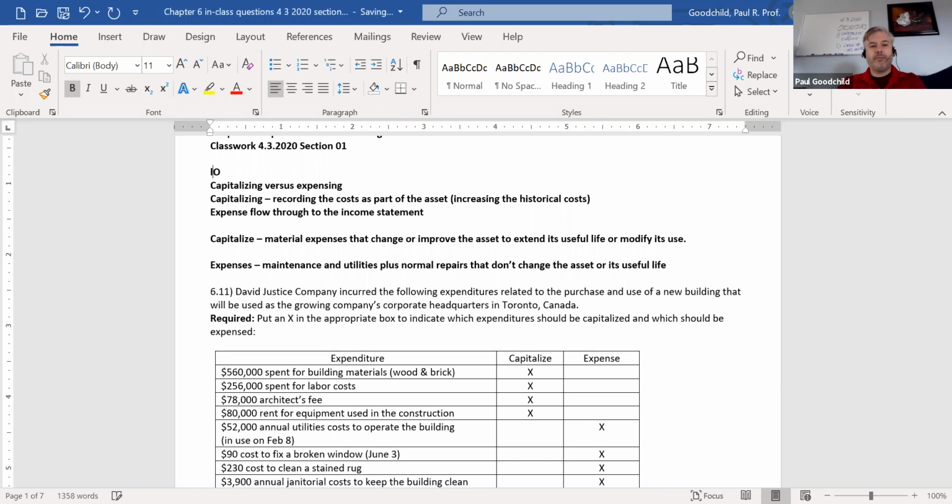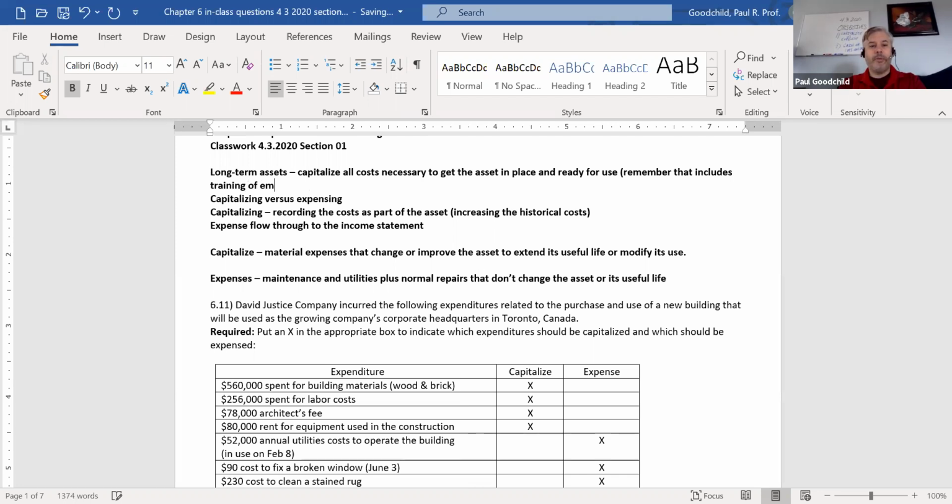For long-term assets, we capitalize all costs necessary to get the asset in place and ready for use, which, remember, includes training of employees and installation.